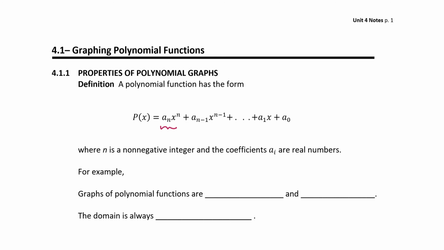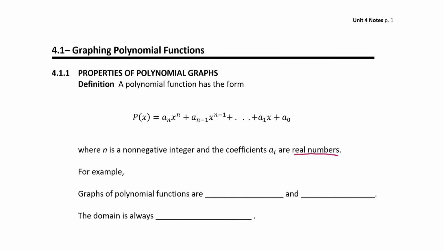Each term in the polynomial is the product of a real number coefficient and a power of x. So all of the a's with subscripts in this expression simply represent real numbers. The subscript coordinates with a superscript. That is, a sub n goes with x to the nth power.